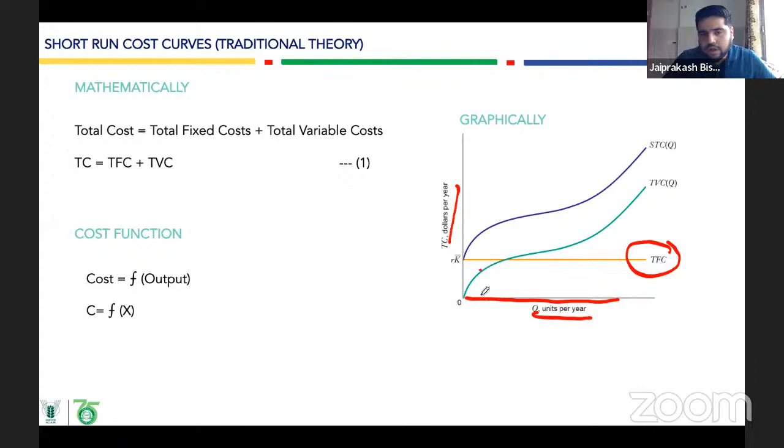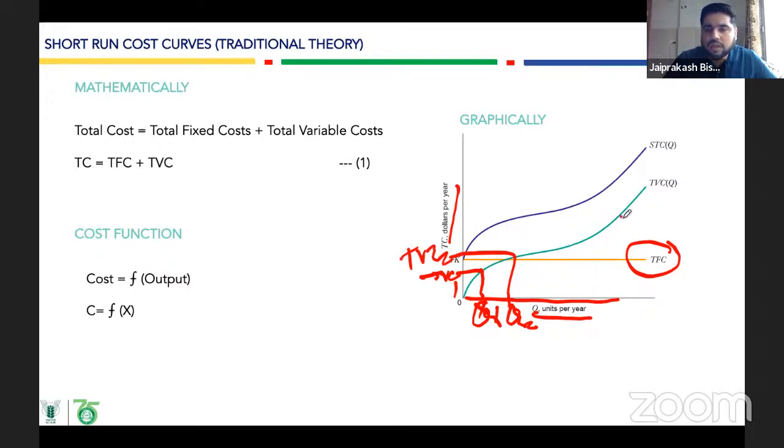You see, at x1 unit of production or q1 unit of production, you have this tvc1. At this level of production q2, you have tvc2.